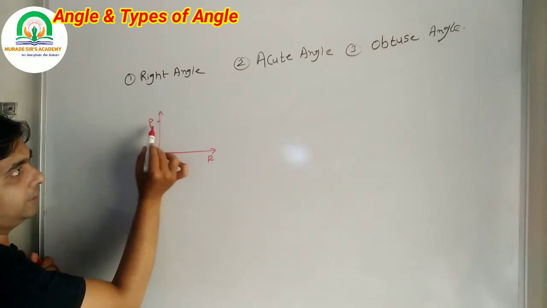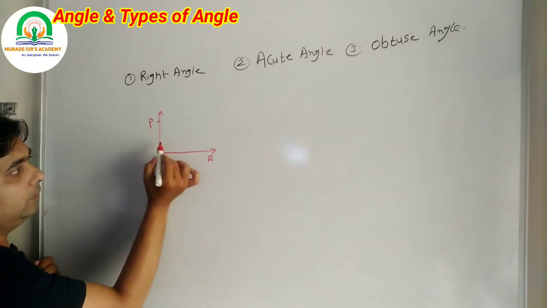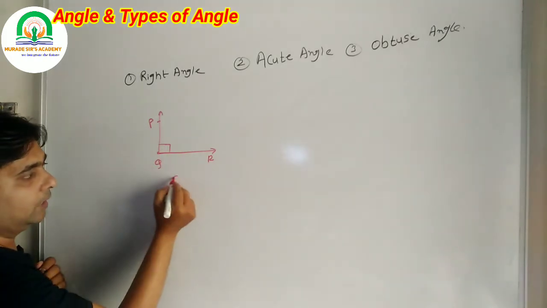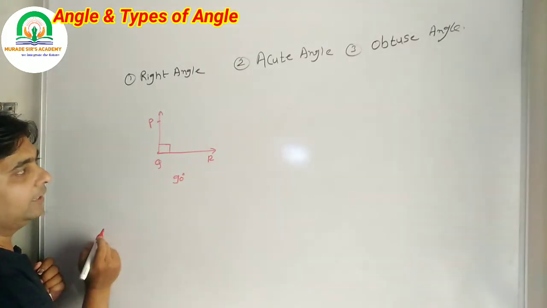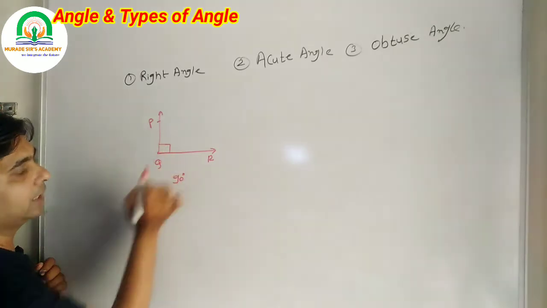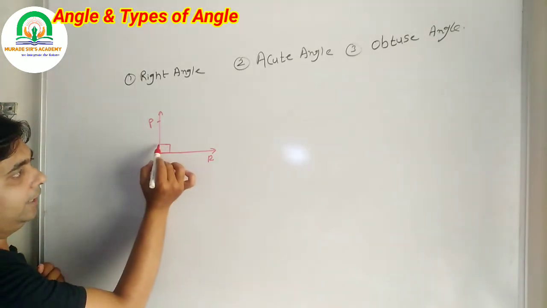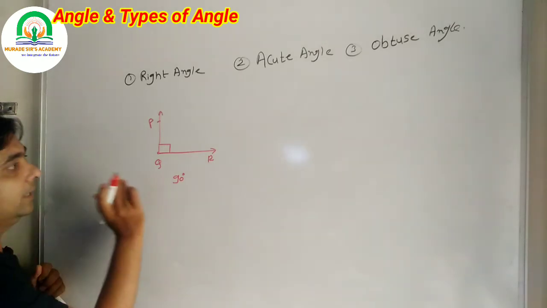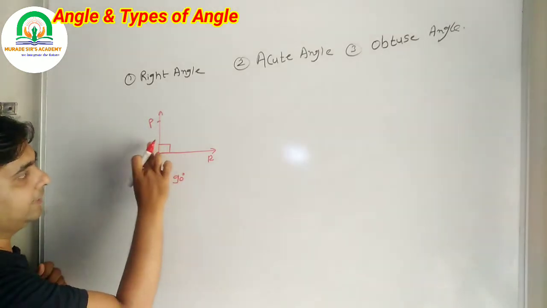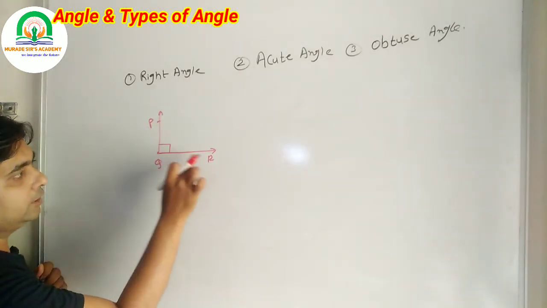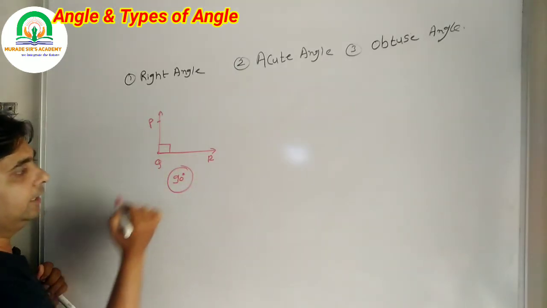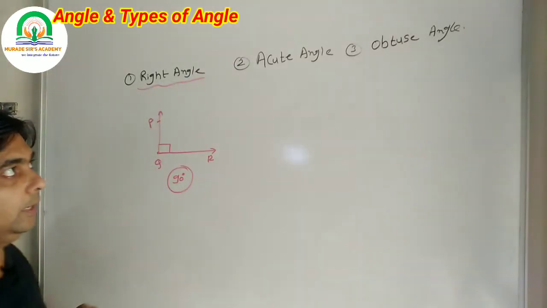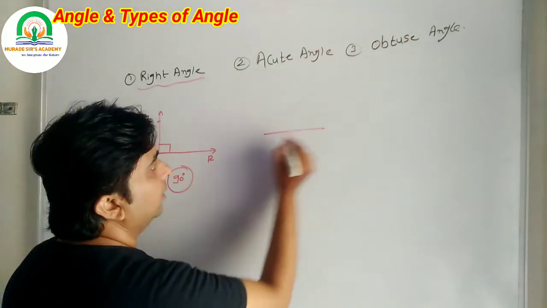The space traced because of PQ makes an angle of 90 degrees. An angle of 90 degrees is called a right angle, and it is denoted by this. If the angle made by these two rays is 90 degrees, it is called a right angle.